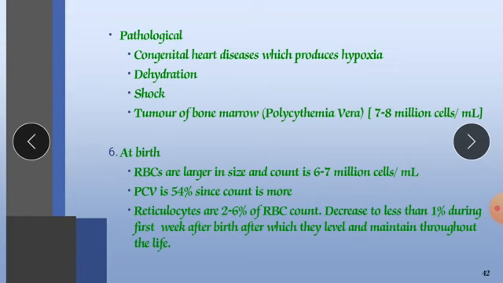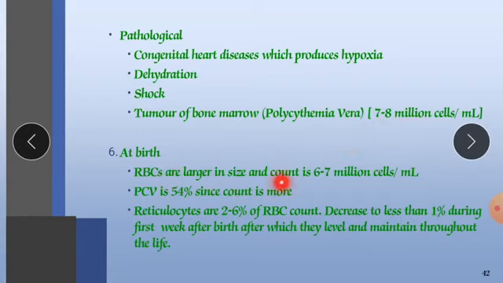If a tumor develops in our bone marrow, uncontrolled they will start to form RBC and WBC, due to which our RBC count reaches near about 7 to 8 million per ml.